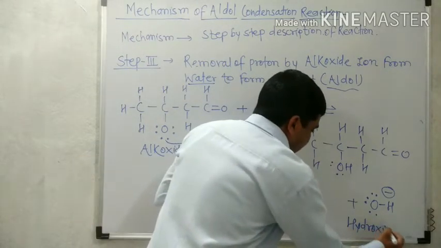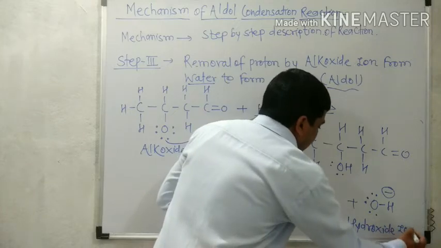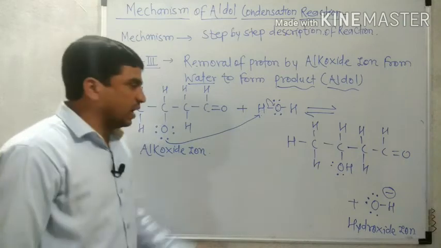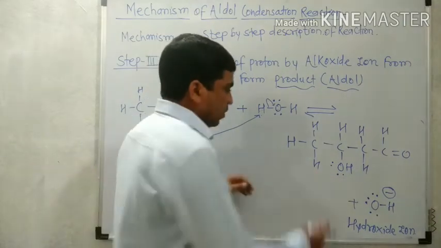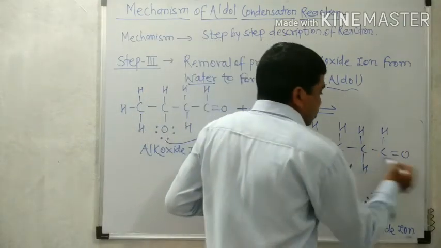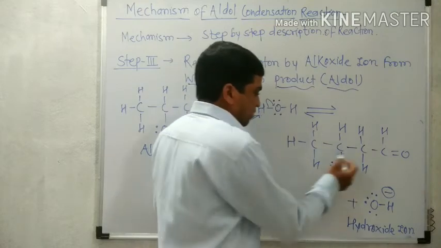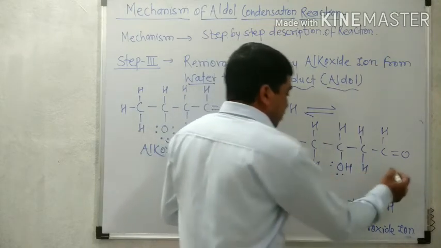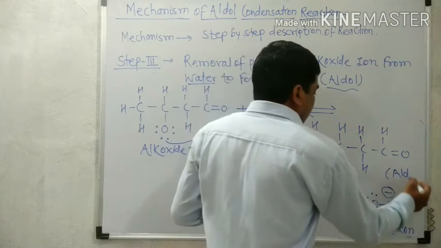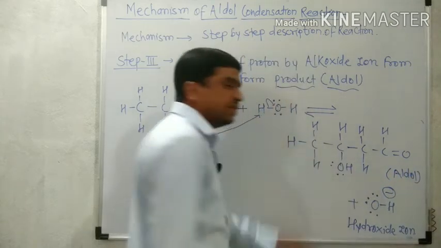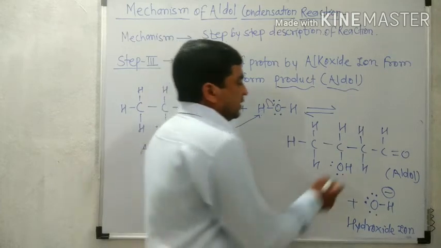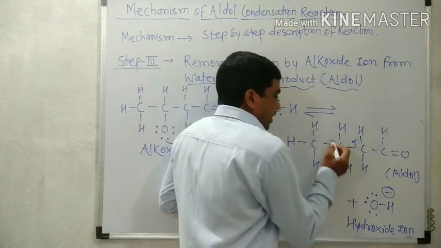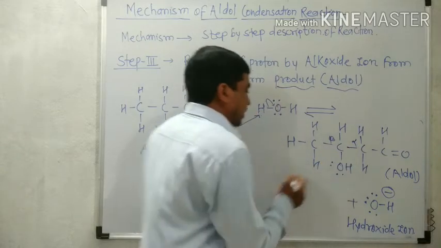That hydroxide ion is formed again in the last step. But this is our product, because it contains CHO, that is aldehydic, as well as OH, an alcoholic group. Therefore, it is generally called an aldol. For this example, this is the carbonyl carbon, this is the alpha carbon, and next to the alpha is the beta.